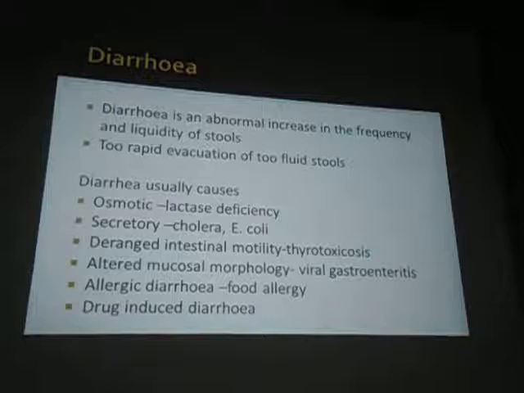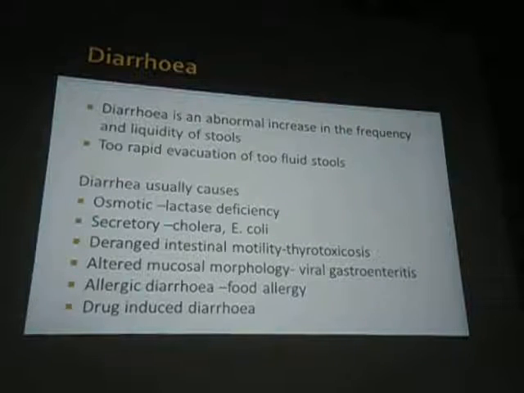There are so many types of diarrhea, and we need to treat it based on the cause. Symptomatic treatment may not be appropriate for all the conditions, but these treatments may help for immediate relief; for complete cure you need to know the reasons. Osmotic diarrhea may be due to lactase deficiency.